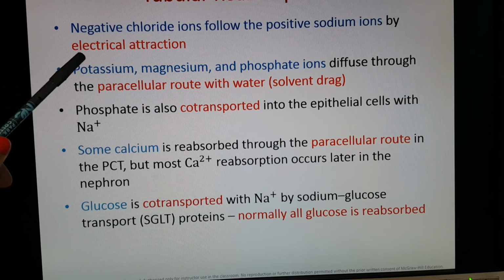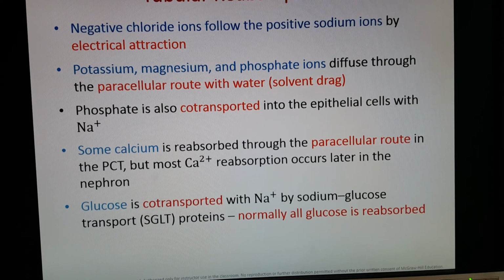Other routes of transport, you have potassium, magnesium, and phosphate, which will go through solvent drag, so going in between the cells, and allows those ions to move from the tubular fluid through those epithelial cells that make up the tubes and into your peritubular capillaries.